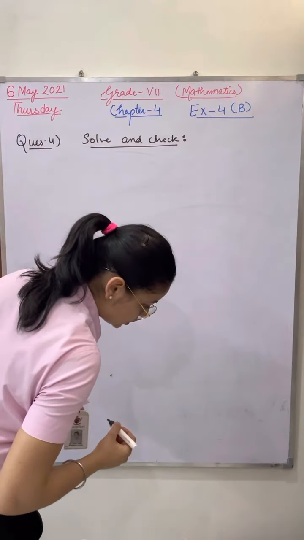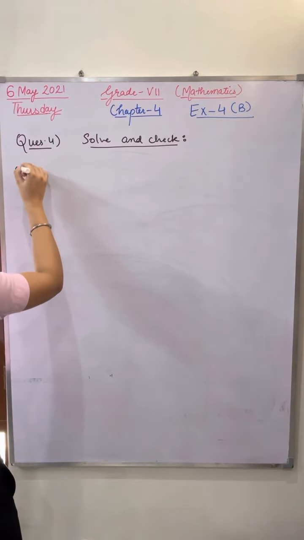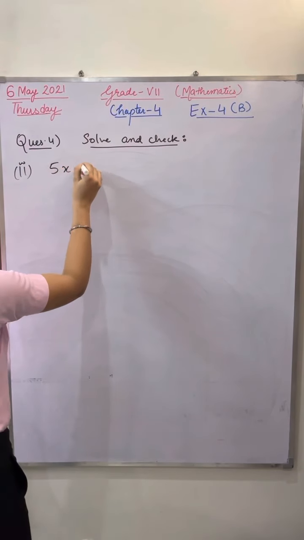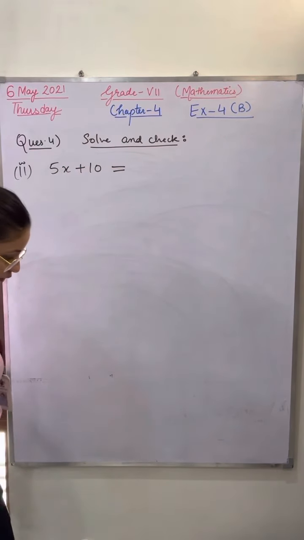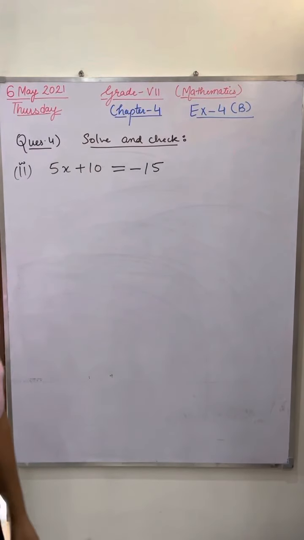Next part is 5x plus 10 is equals to minus 15.